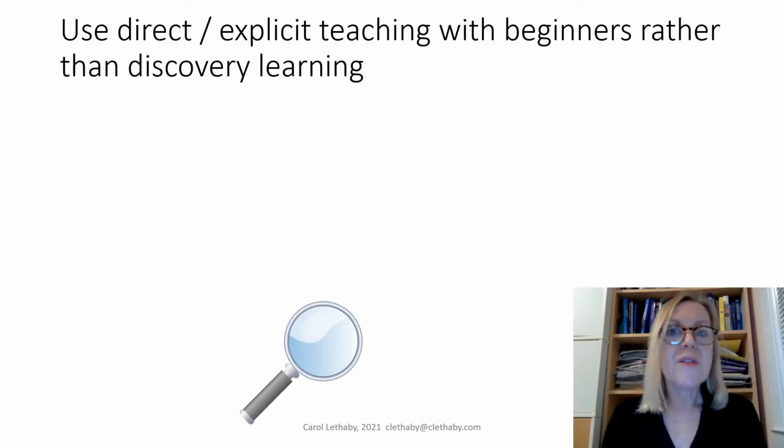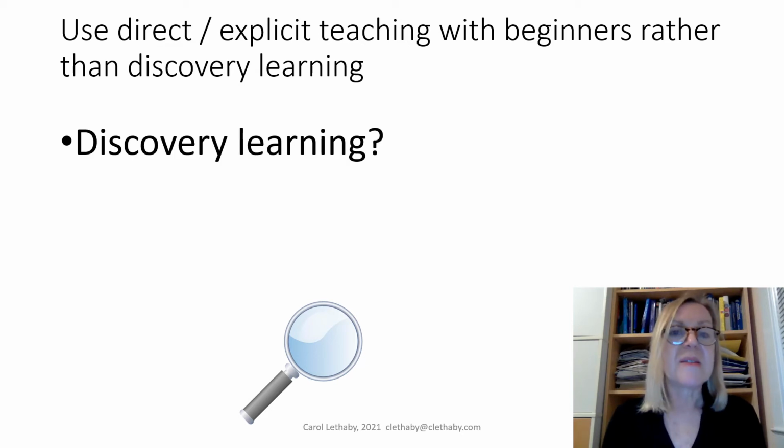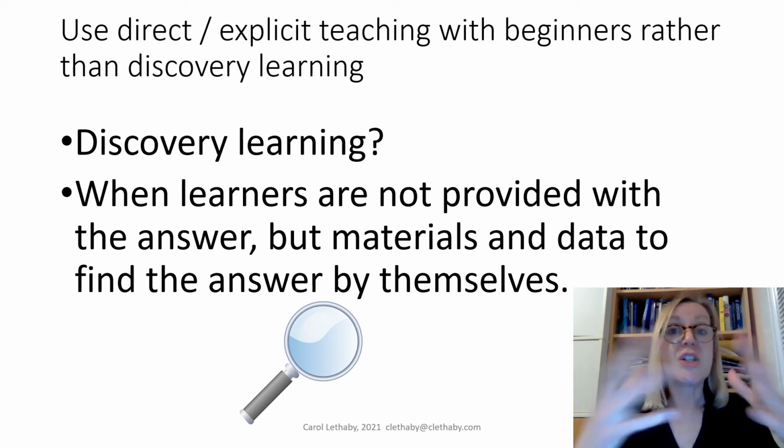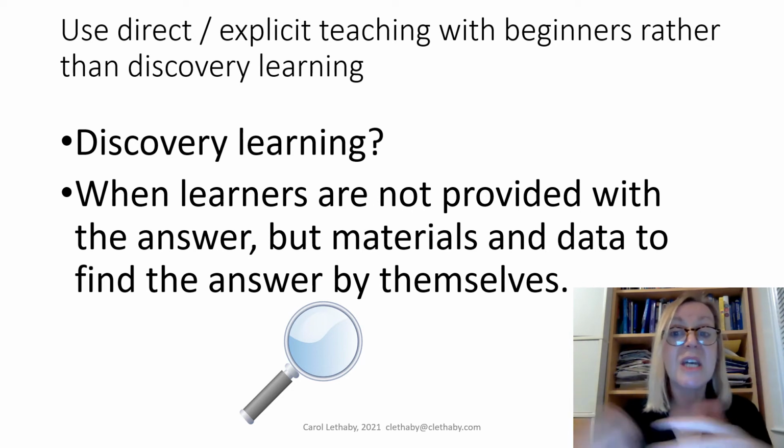All right, second strategy then, we said this idea of using direct or explicit teaching with beginners rather than discovery learning. All right, what do I mean by this? Well, first of all, what is discovery learning? Well, discovery learning basically means when learners are not provided with the answer, but they're just given the materials and data to try and find the answer by themselves.